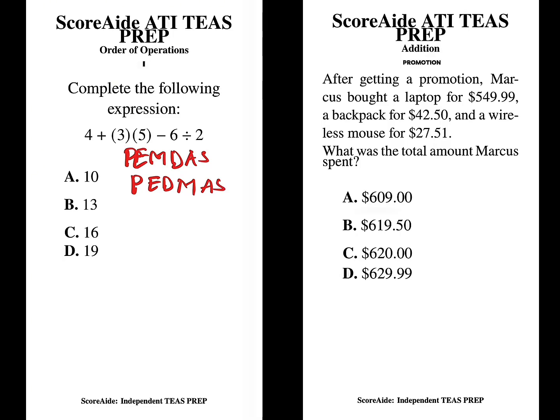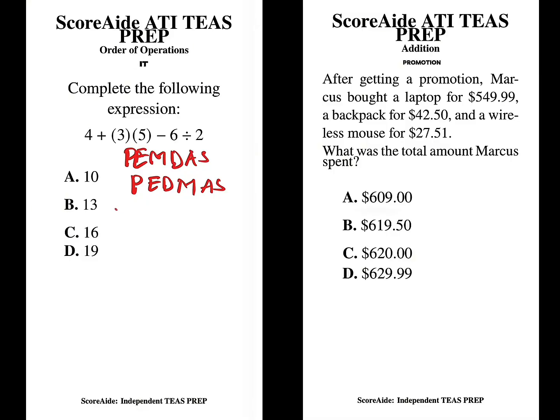I just want to remind everybody that multiplication and division always go together, and all these are just a way of remembering this thing. These are just memory aids. If you put D before M or M before D, the answers are just going to be the same.